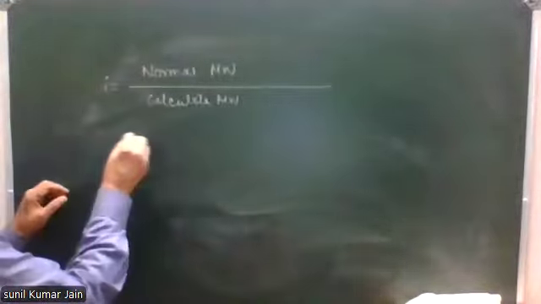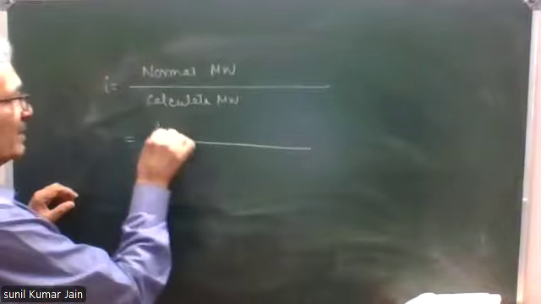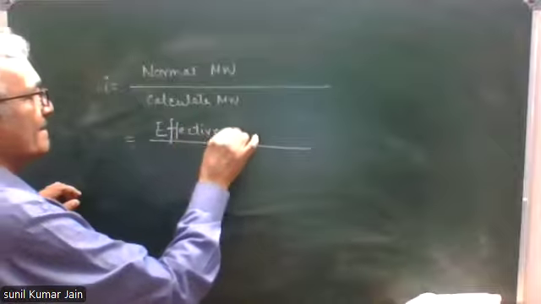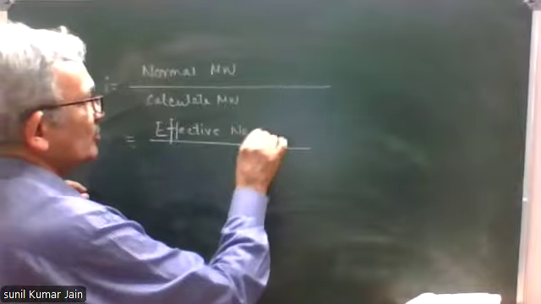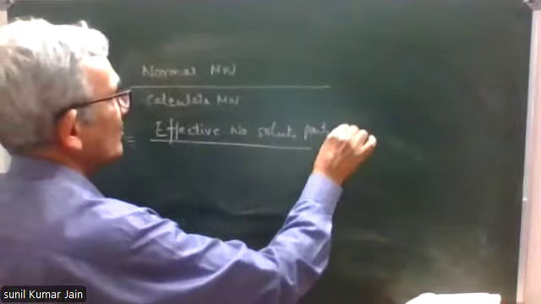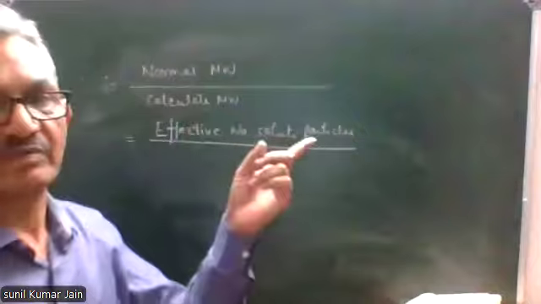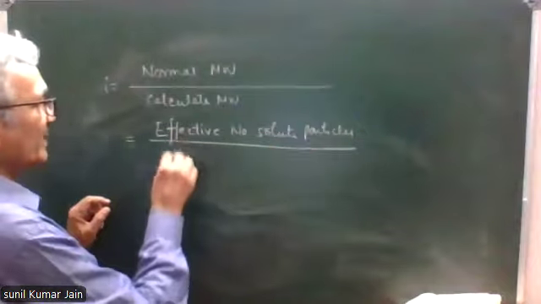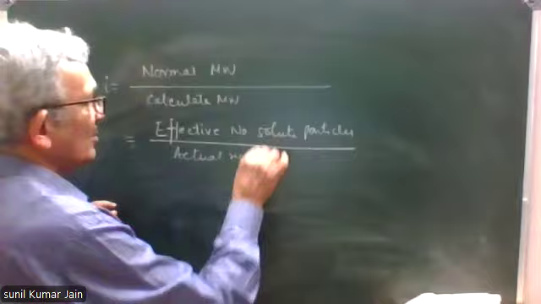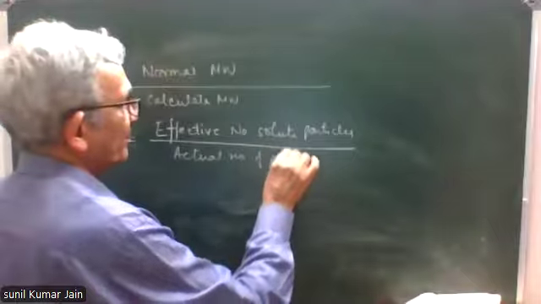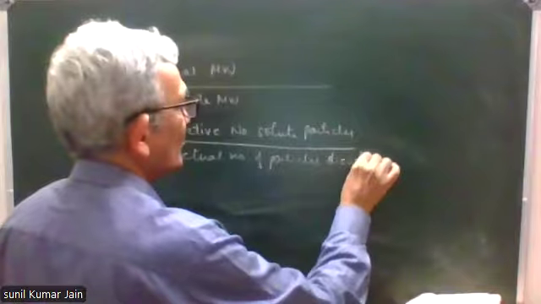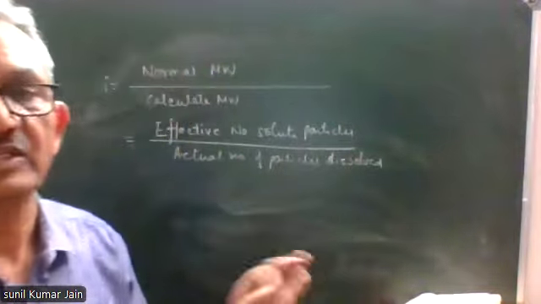Second definition: effective number of solute particles divided by the actual number of particles dissolved.